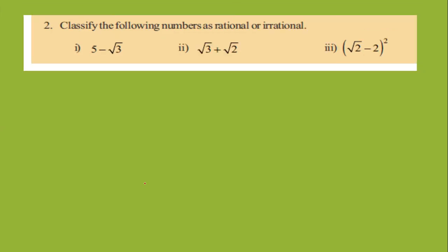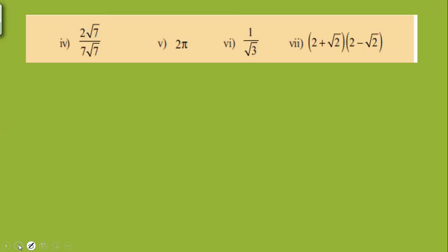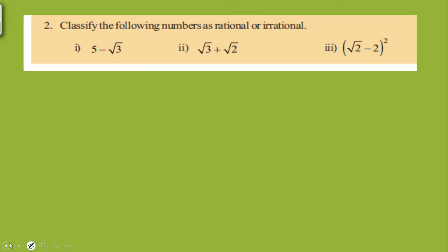Here you observe it. Classify the following numbers as rational or irrational. You already know which is rational and which is irrational. Rational means the numbers which can be written in the form of p by q.